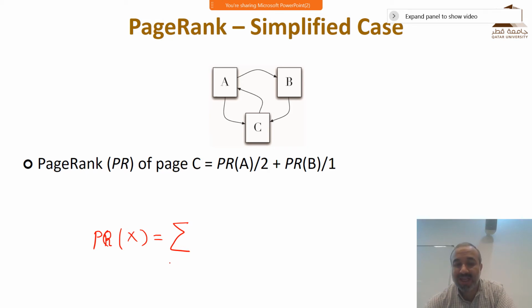Very good. Let's say that these are Y. So Y belongs to the in-links of X. We'll call it In(X). Then for each Y coming to X, what should we do? The PageRank of Y over what is N? Very good. Over the number of out-links of Y.